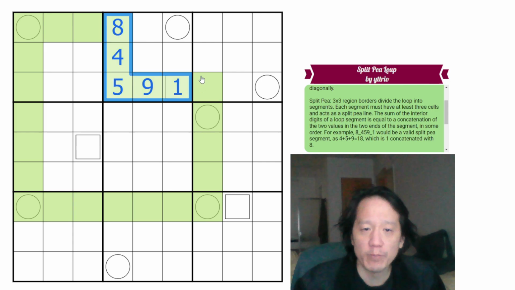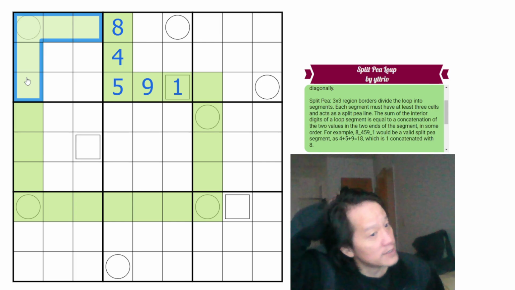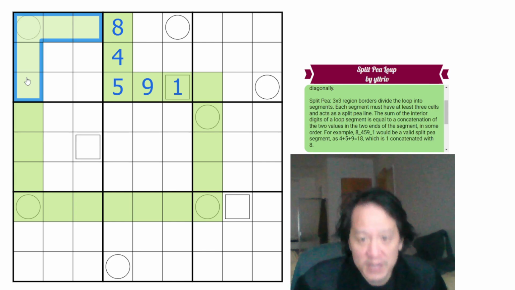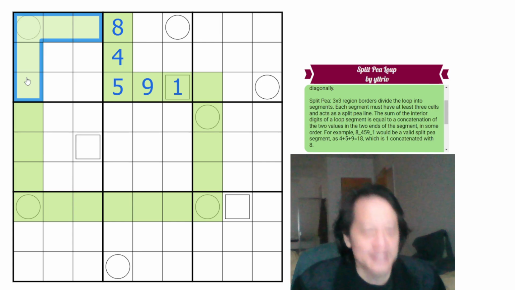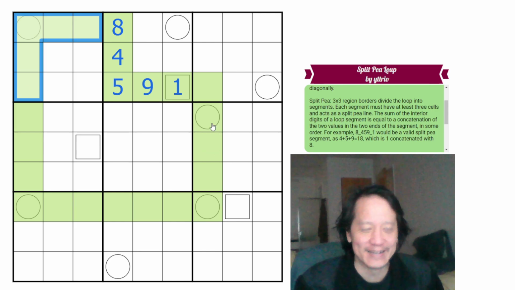And again, remember, box borders divide the loop into these segments. So every loop has these. Every part of the loop would be divided into these split P segments. Split P line segments. There we go. I couldn't get the words out.